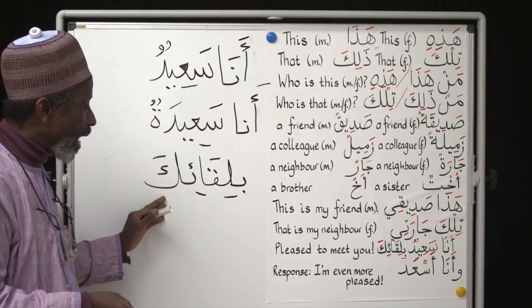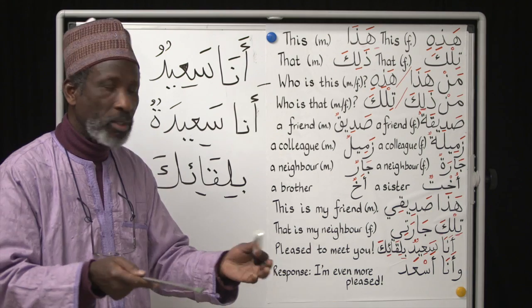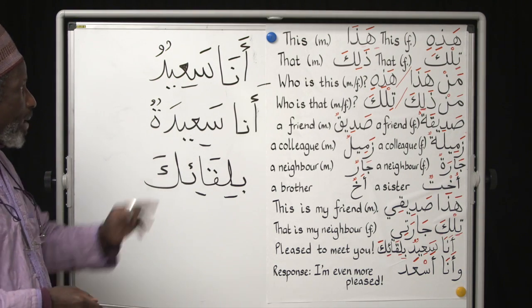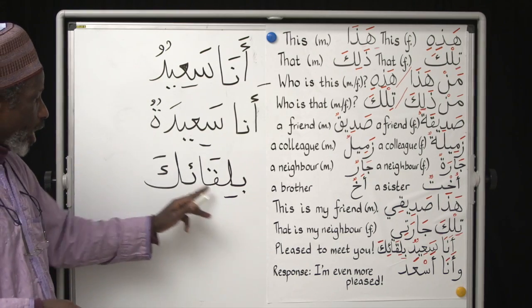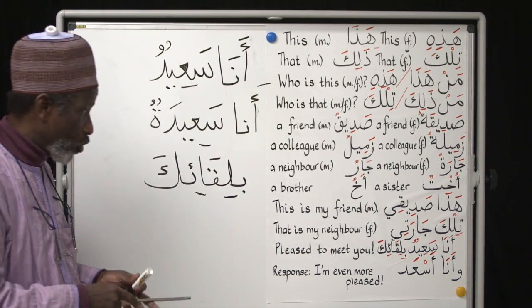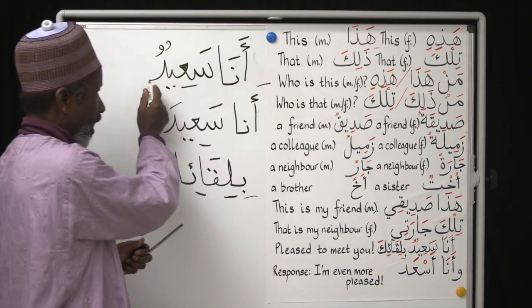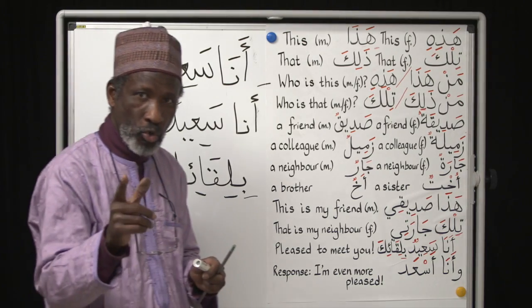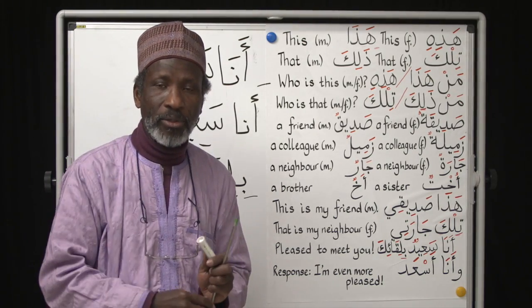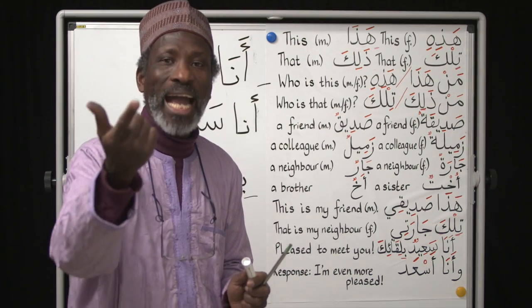Biliqa'ika, by or with meeting you. Of meeting you. So, analysis. A male will say, Ana sa'idun biliqa'ika, speaking to a male. So, I'm speaking to you and you are a male. I will say, Ana sa'idun biliqa'ika.